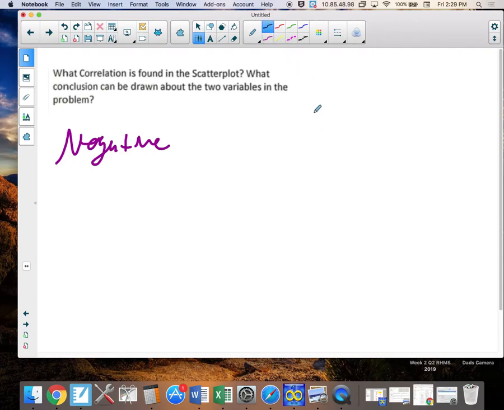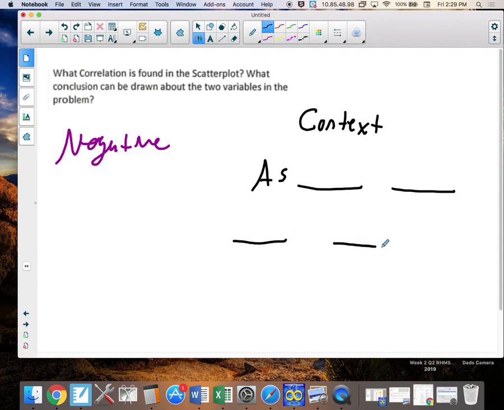So when you ask about the context, as blank does something, what happens to the other? I'm going to let you fill in the blanks on your own for the homework. As what increases, or as what does something, what does the other do? Gave you a little bit of a hint on that one there.